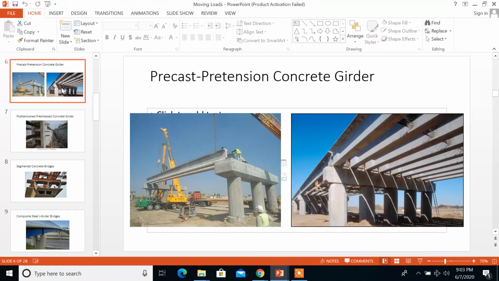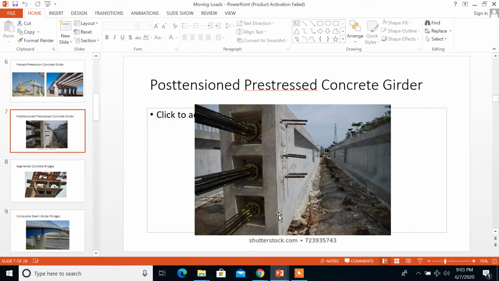Ito, nakabatak na siya sa pabrika pa lang, then ipapatong na lang. Ito, binabatak na siya dito sa site. It means nakukuha niya na yung kanyang jacking force and inaantay na lang yung kanyang curing time.